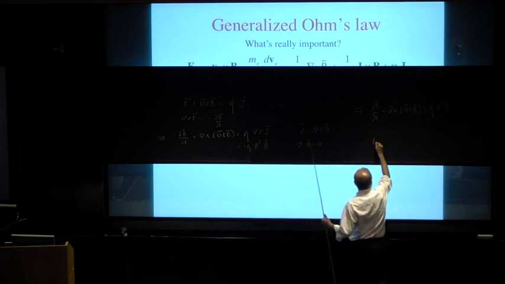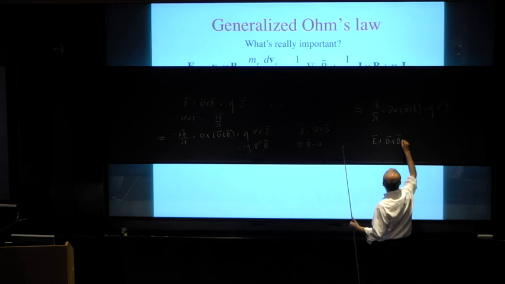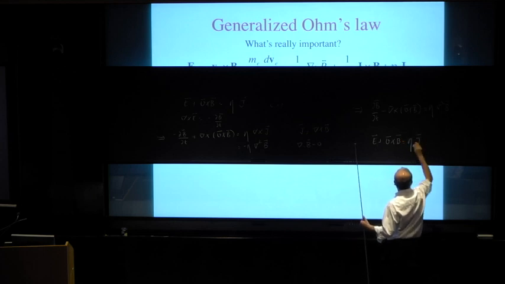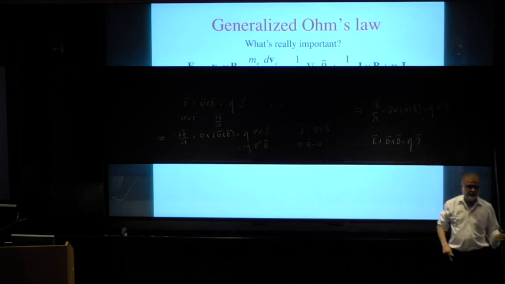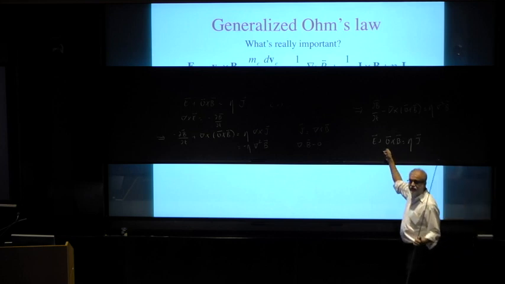we take the simplest form of Ohm's law. This eta is nearly 0 for the Earth's magnetotail. This V is really the single fluid velocity.